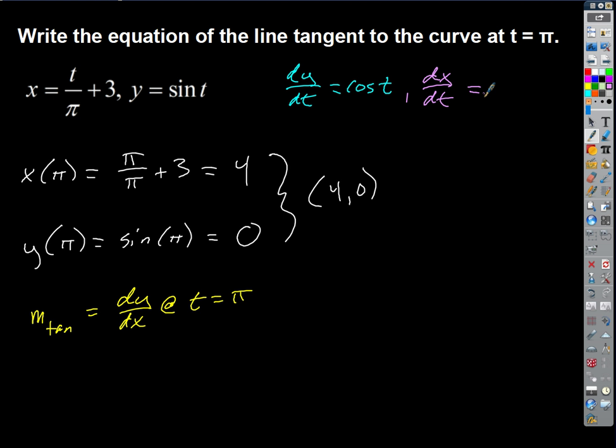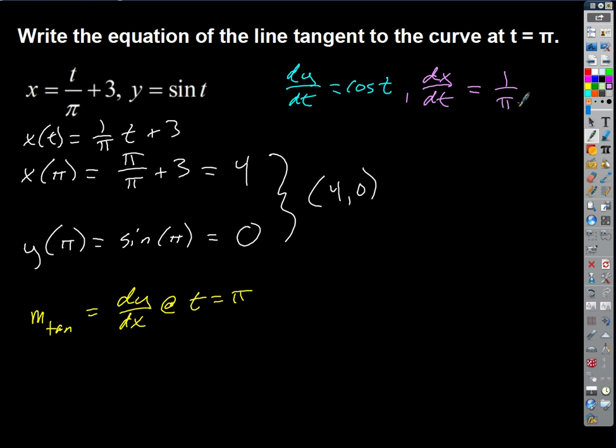Okay, but do we want to use the quotient rule? It's just 1 over pi. Yeah, because look, this is really just the same thing. All I've got is a t to the 1 there, divided by pi. It just is the same thing as saying 1 over pi times t plus 3, which is a constant, right? So if I write it that way, x of t equals 1 over pi times t plus 3. Well, that's a constant. The derivative of t is 1. So we're left with 1 over pi plus the derivative of 3, which would be 0. Okay?